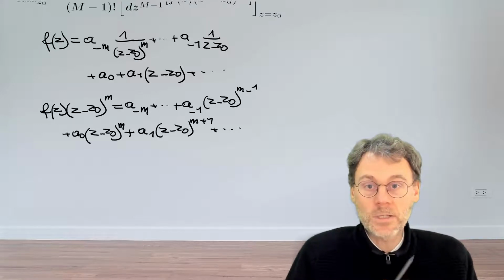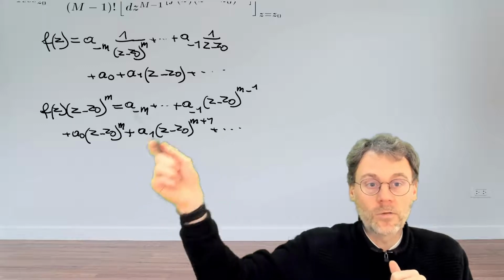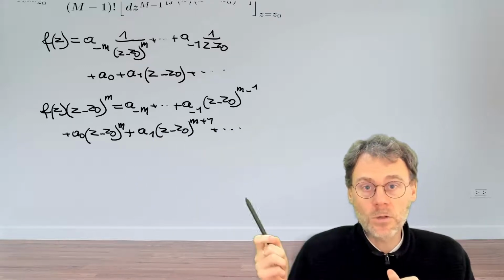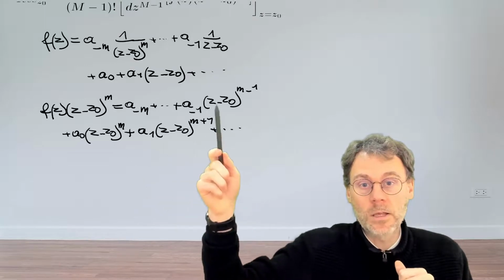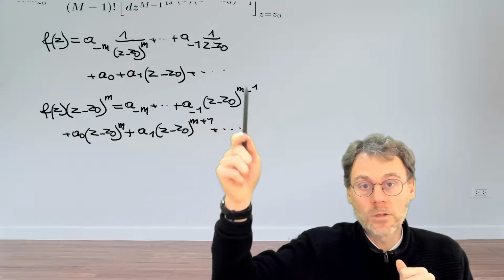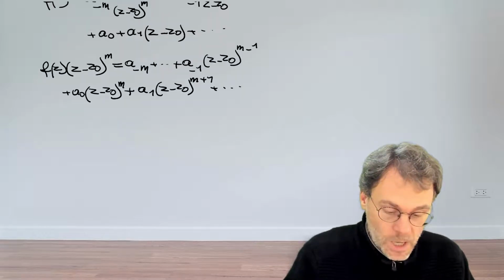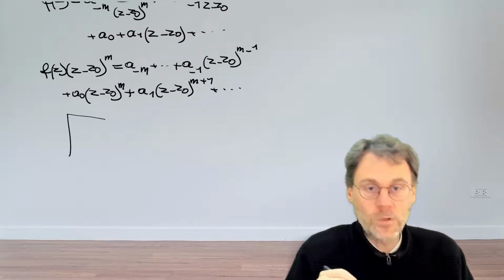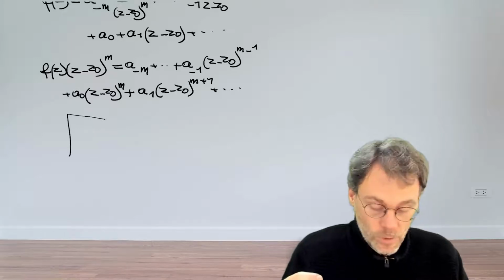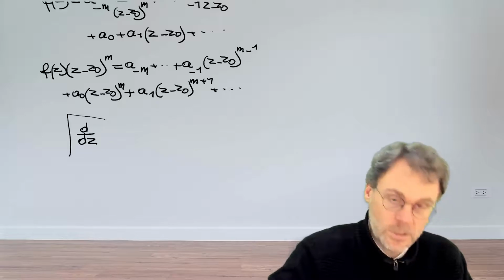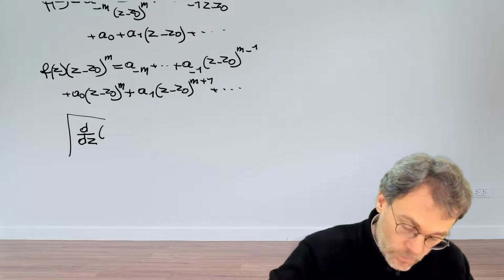Next step in the recipe is taking the derivative of this function m minus 1 times. So all of these terms are very similar. They just have a coefficient and then a certain power of z minus z naught. So let's see how these behave when we take the derivative a certain number of times. So let's first focus our attention, for example, on taking the derivative once of a certain power of z.